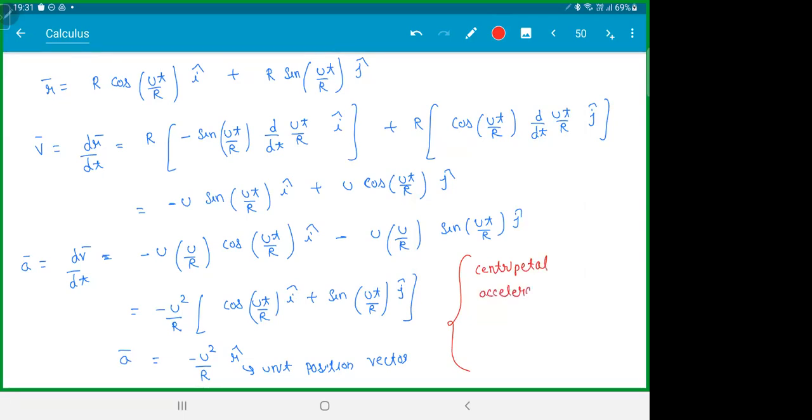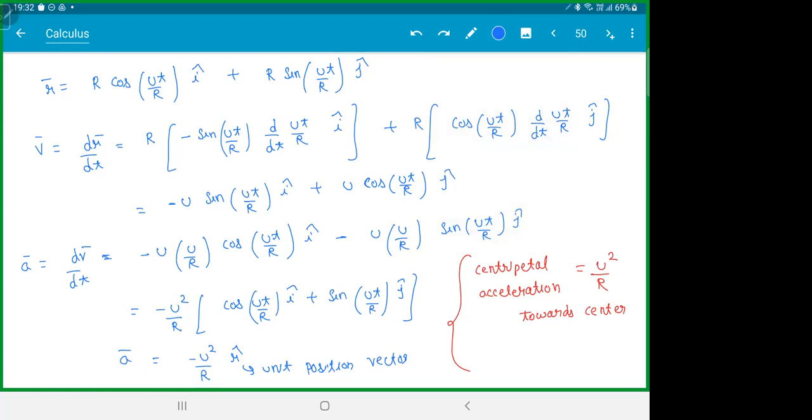When a particle is going in a circle with speed u and radius r, the centripetal acceleration is u square by r towards the center. Isn't this the formula u square by r? And the minus sign indicates it is towards the center, opposite to the position vector. So the centripetal acceleration term is actually derived. It just didn't come out of nowhere.